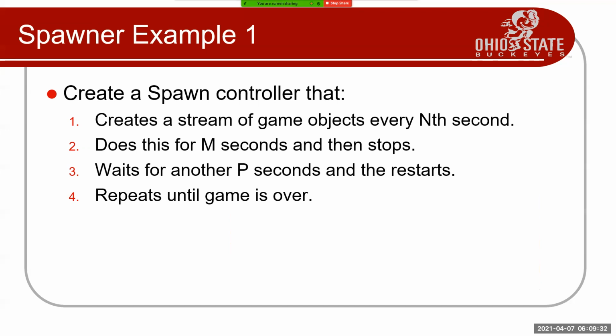So I've spawned 6 enemies, and then I'll wait 10 seconds, and then I'll spawn another 6. And so this will repeat over and over and over, okay? So this last part we can start with, repeat until game is over. That suggests a while game not over, or while true, and we'll kill it when the game is over.